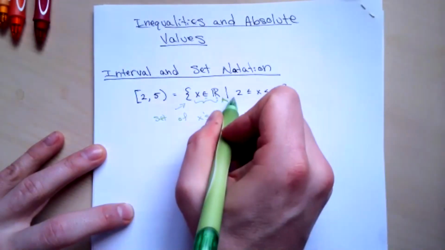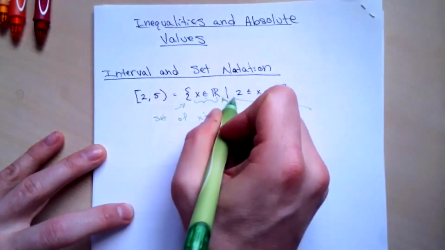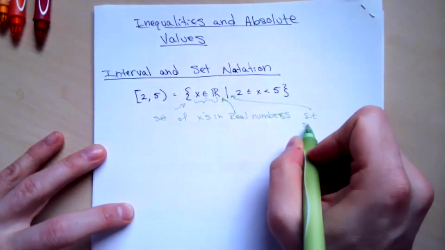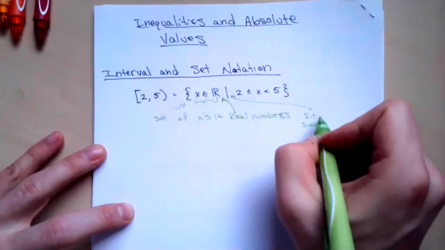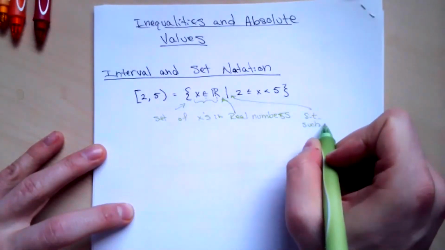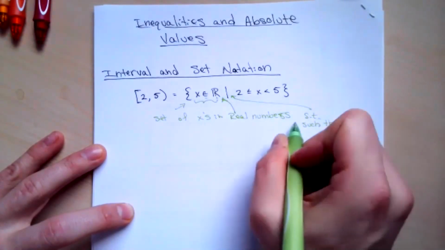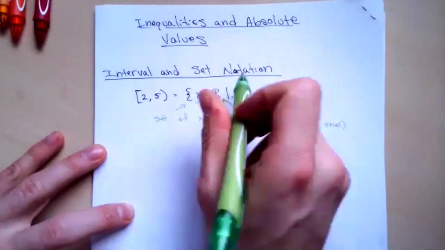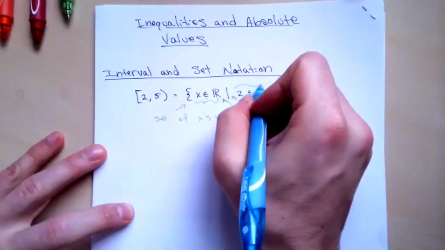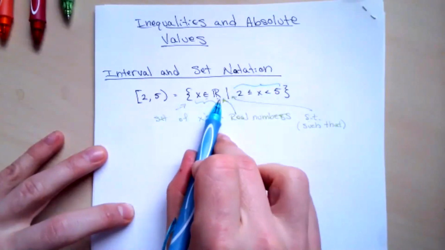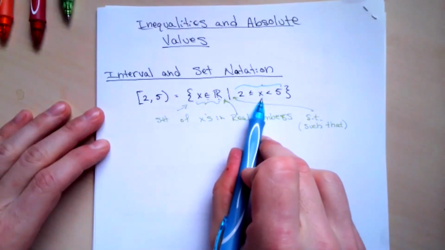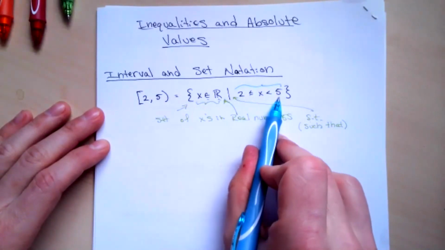And then the vertical line here, it's kind of a logic line. We just read it as such that. I'll abbreviate such that, it's a math phrase that comes up quite a bit, ST. And then we have our bounds. So it's the set of all x in R, the set of all real numbers, such that the real number is greater than 2 and less than 5.